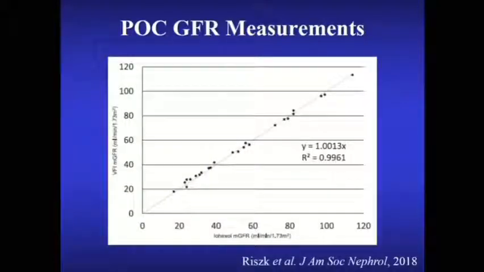All right, so one of the things that I think you're probably going to see in the next few years is some point of care measurements of GFR. And I don't know how well this will catch on, but this is a publication from Bruce Molitoris, who's at Indiana, and he's been interested in being able to more accurately measure GFRs in real time.